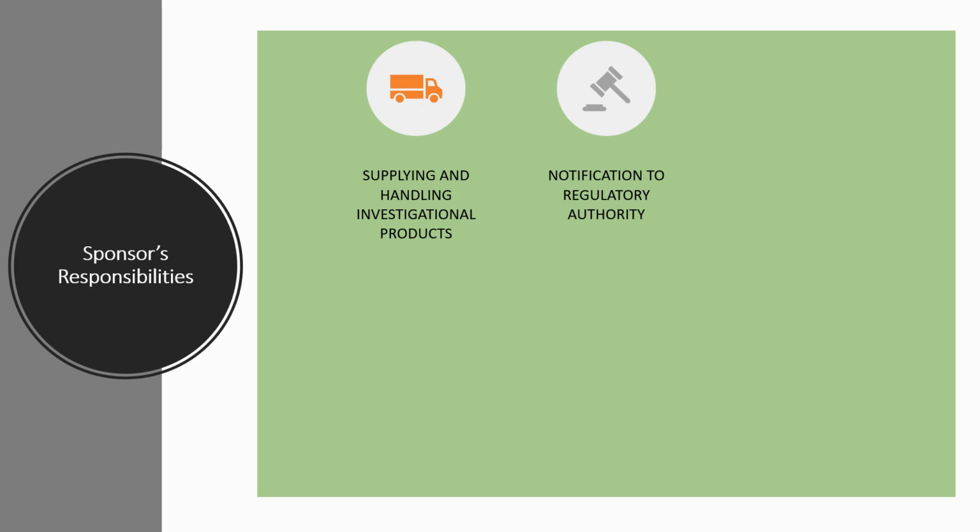Notification to regulatory authority. The sponsor should submit any required application to the appropriate authority for review, acceptance, and/or permission. Safety information. The sponsor should promptly notify all concerned authorities of findings that could adversely affect the safety of a subject or impact the conduct of the trial.